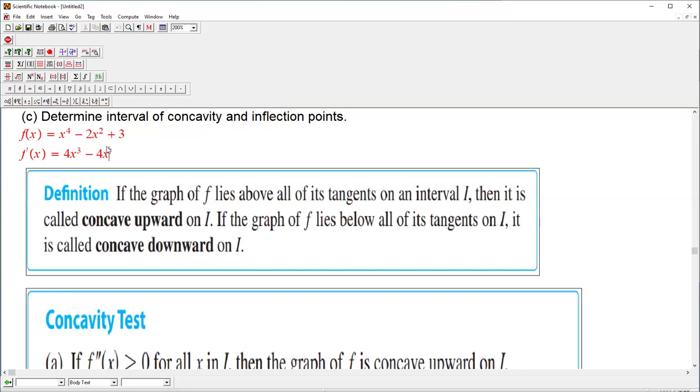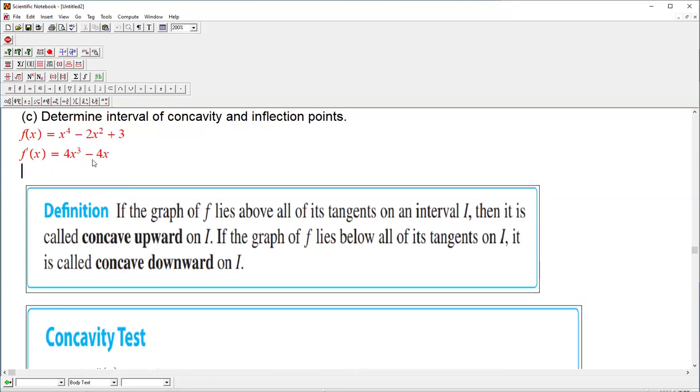The second order derivative is going to be 12x squared minus 4.